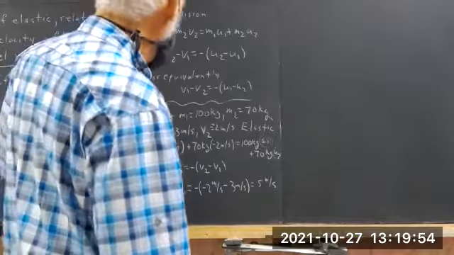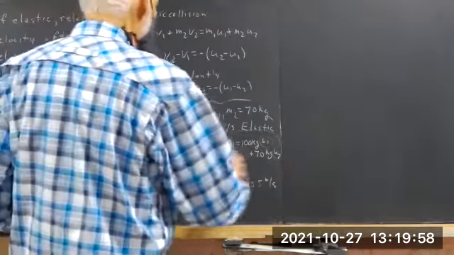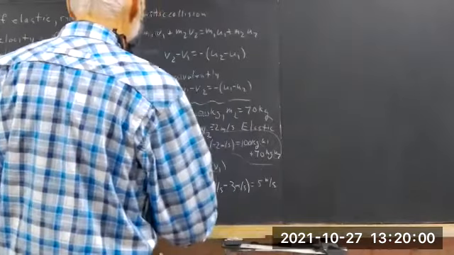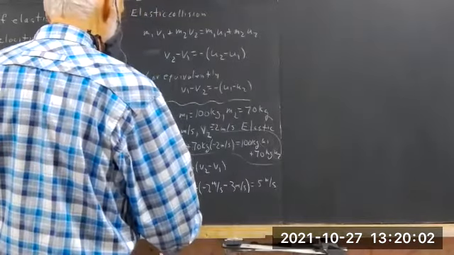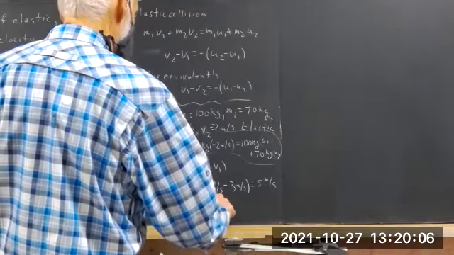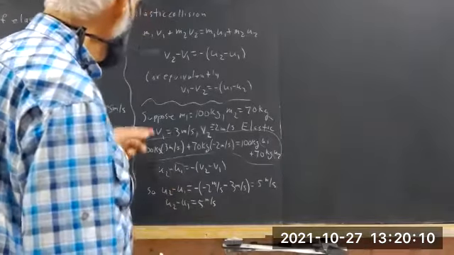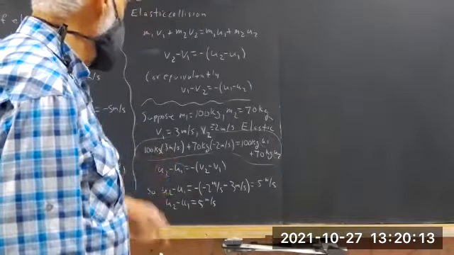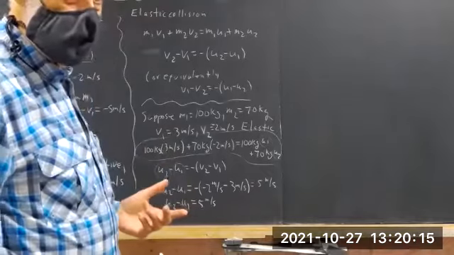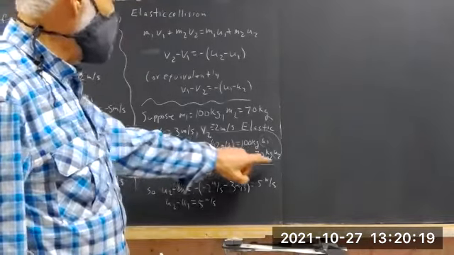Okay, so now we have this equation, and U1 minus U2 equals 5 meters per second. That's two simultaneous equations in U1 and U2. Now, in this equation, every term has a kilogram on it, right?